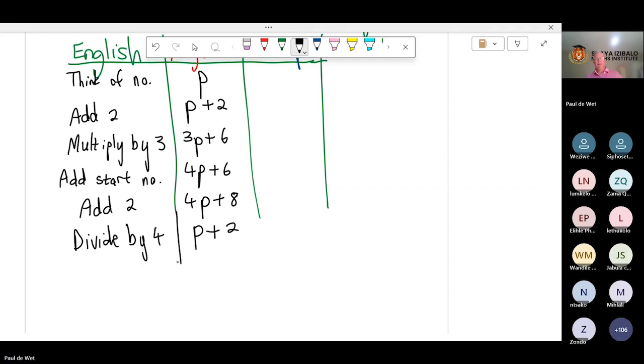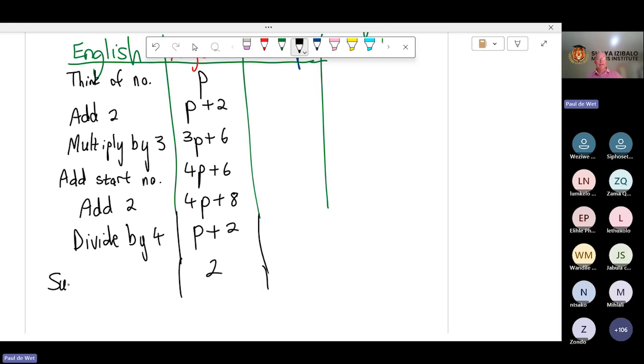Who can tell me what I've done now to get from here to here? What have I subtracted? Someone's saying minus P. Yes, but P is the number I've started with.